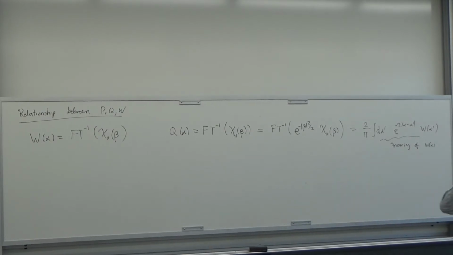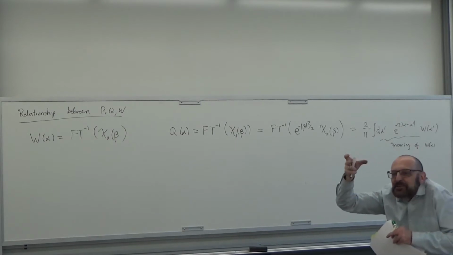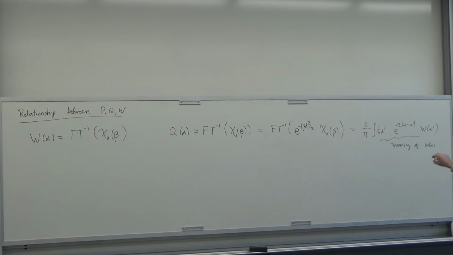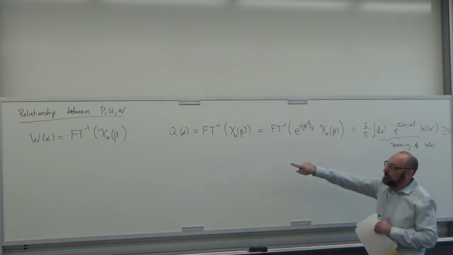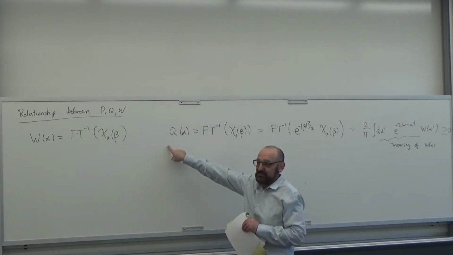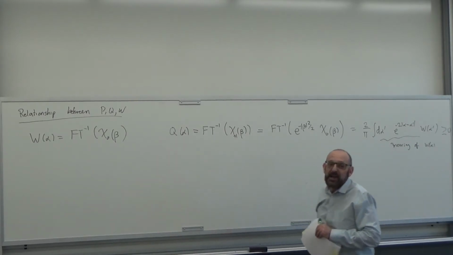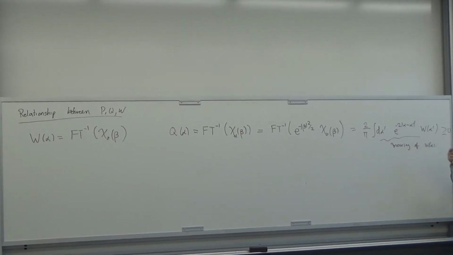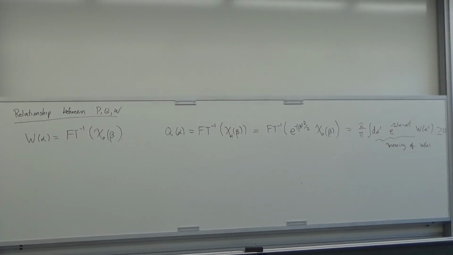And that Gaussian smears out the resolution of whatever fine structure might be in here. As you know, the Husimi function is always positive, whereas the Wigner function can be negative, and that negativity is washed out by that smearing function.